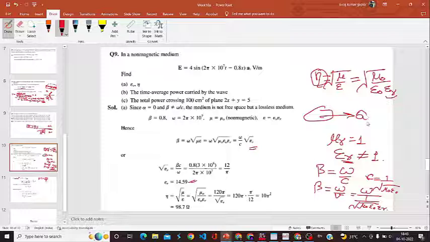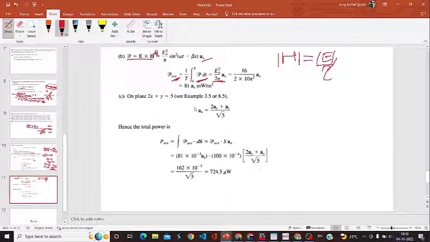The unit normal is an equals 2ax plus ay divided by root of 2 squared plus 1 squared.